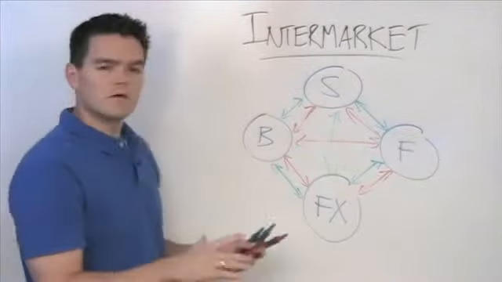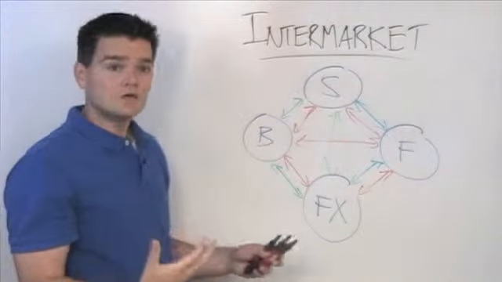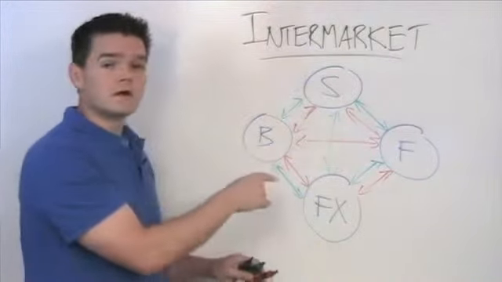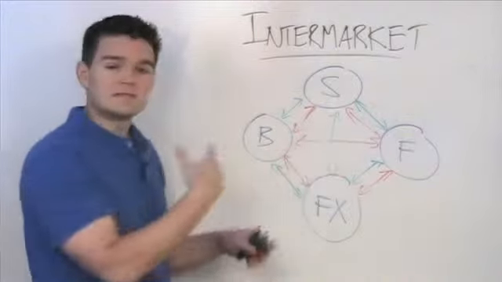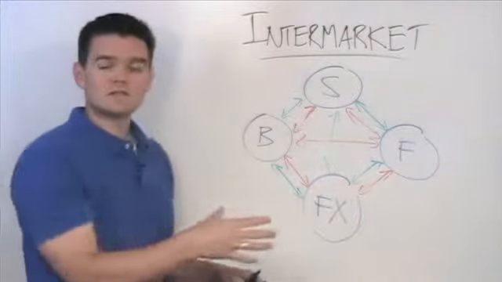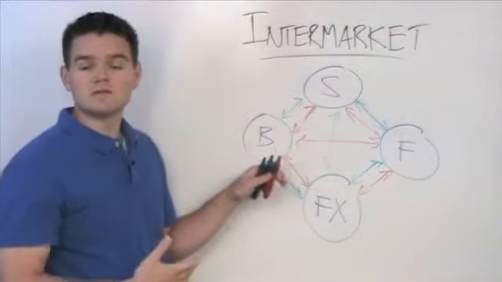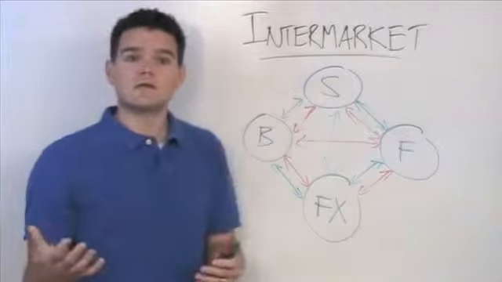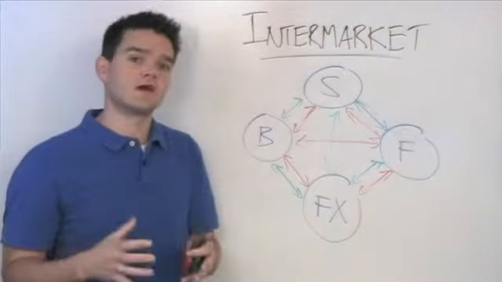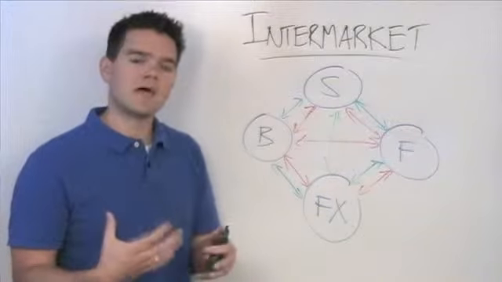So if you are interested primarily in investing in stocks, you should be keeping an eye on the bond market and on the futures market and seeing what's going on there. If you're primarily interested in investing in currencies, you definitely need to be watching what's happening with the US treasuries, or the government debt that other countries around the world are issuing. You need to be looking at the futures market, knowing what's happening there.